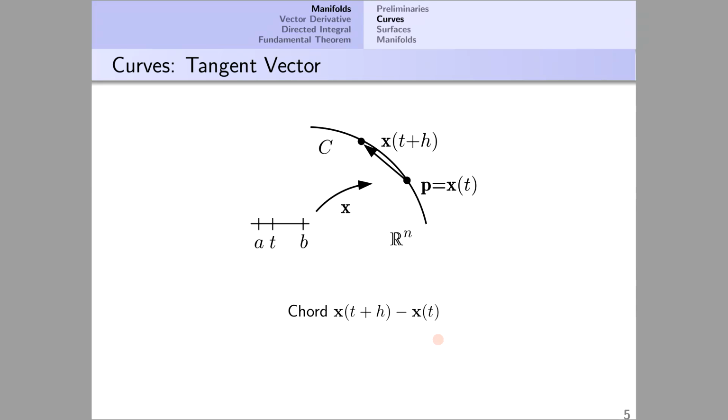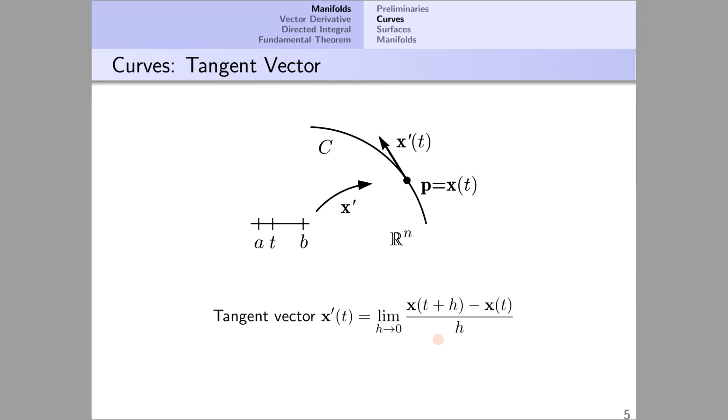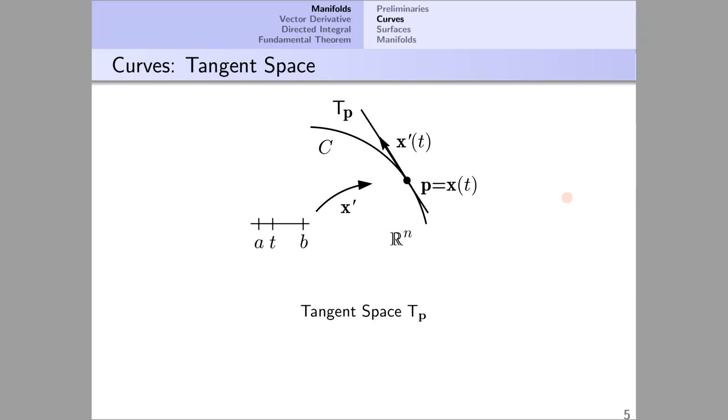And if I take a limit as h approaches 0, the chord swings tangent to the curve, forming the tangent vector x prime of t, the limit of the chords divided by h. And here it is, tangent to the curve. x prime of t spans a one-dimensional vector space, the tangent space to the curve at P, T sub P.